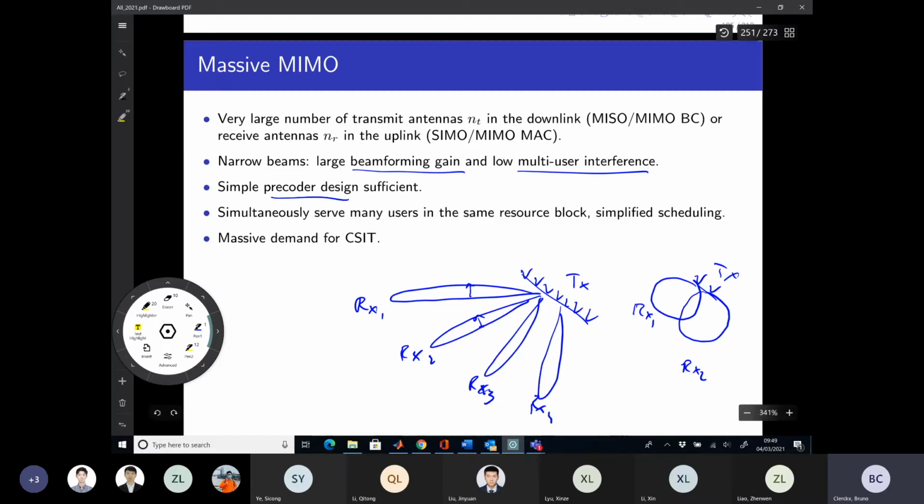The other benefit is that you can rely on a very simple precoder design. Ideally, if you have an infinite number of antennas, what you could do is simply some form of matched beamforming. You only care about the channel of user one. For user one, you do maximum ratio transmission for that user. For user two, you do maximum ratio transmission for the other user. Now, if you have a finite number of antennas, this is not a good strategy because if you do maximum ratio transmission, you will not get rid of the multi-user interference.